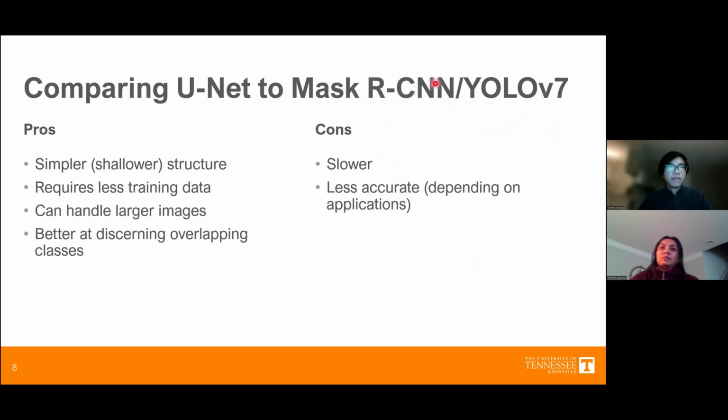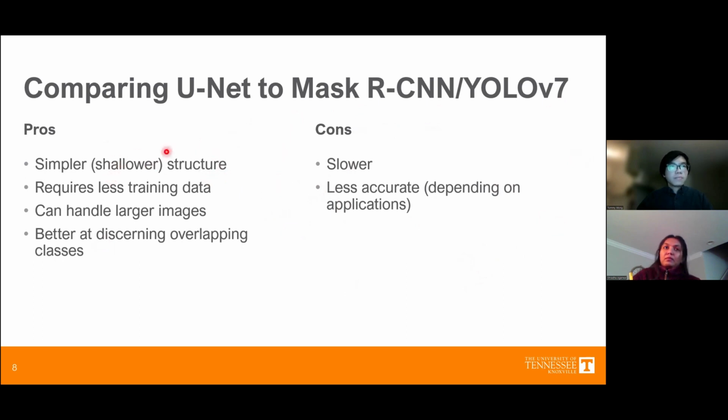And because of that flatten operation, it simply cannot process images of different size. That creates a bottleneck. But with UNet, because of its fully convolutional structure, it's able to process images of different sizes, since it's just sliding the convolutional kernel over an image.